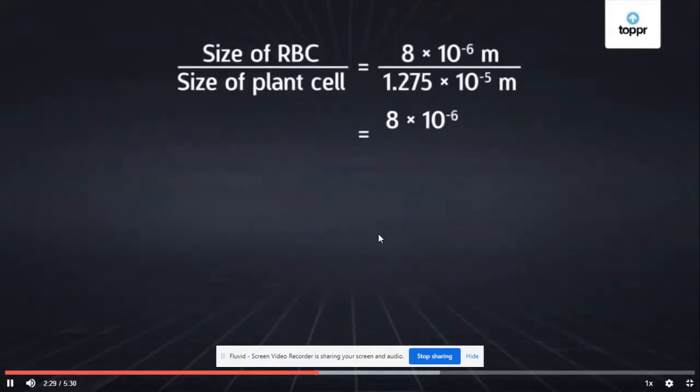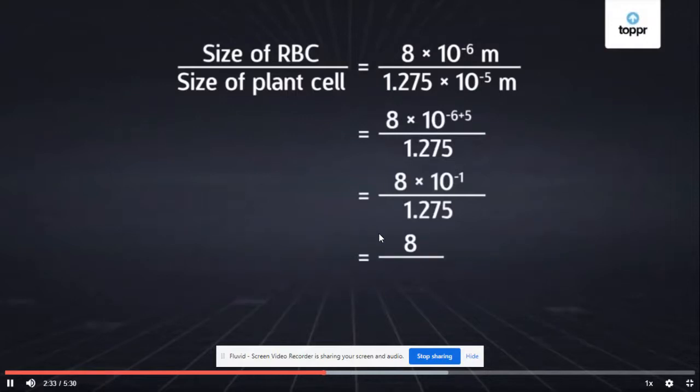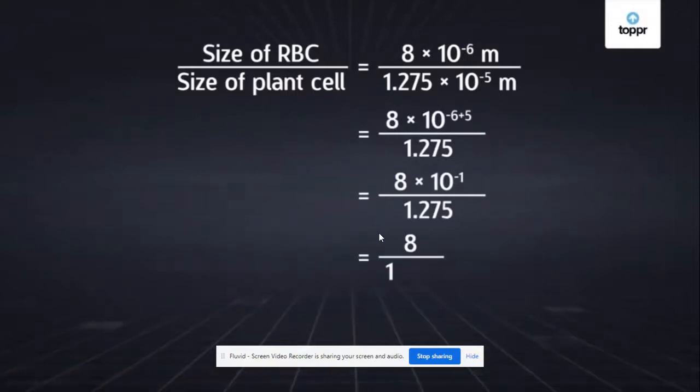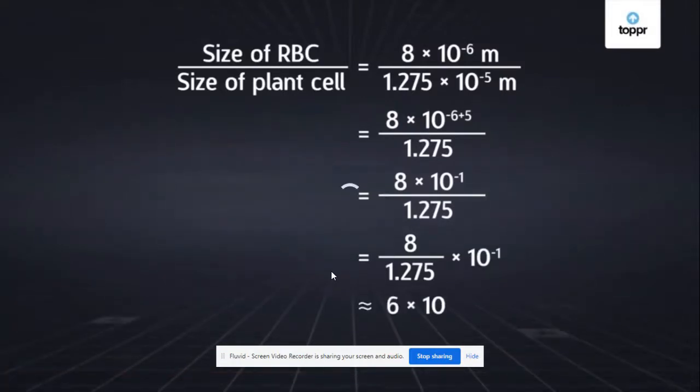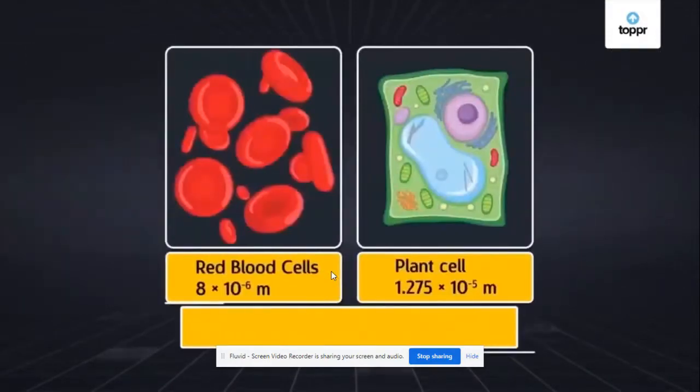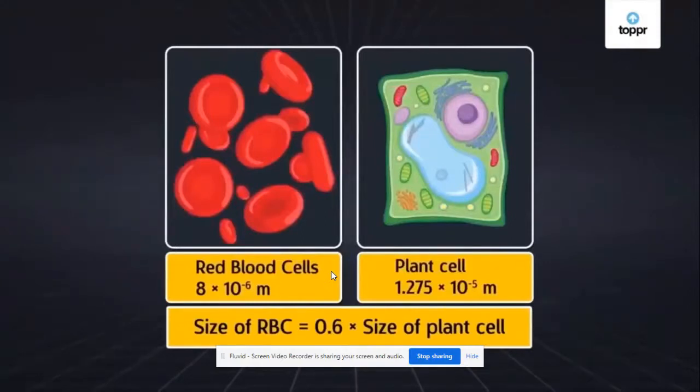On simplification using the quotient law, we get 8 over 1.275 times 10 power minus 1, which is approximately equal to 6 into 10 raised to the power of minus 1, or simply 0.6, which means the size of the RBC is 0.6 times the size of a plant cell.